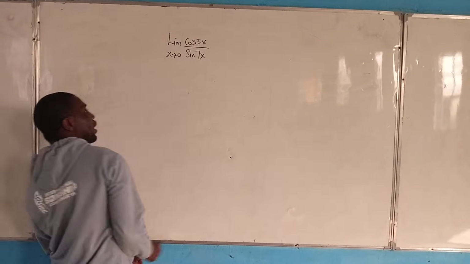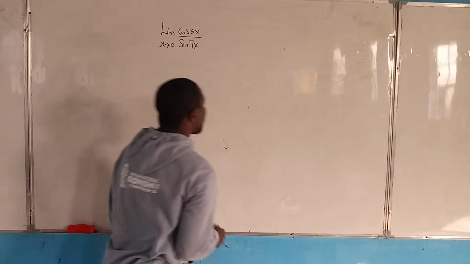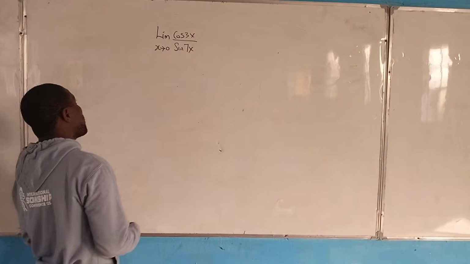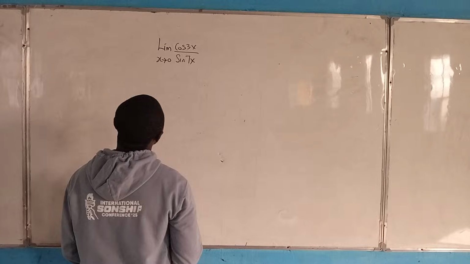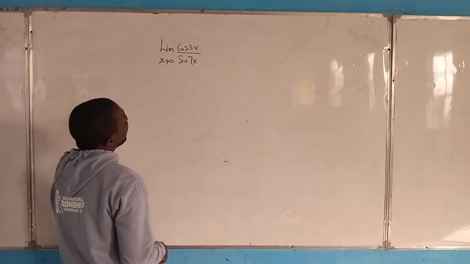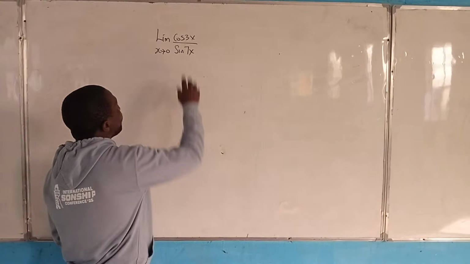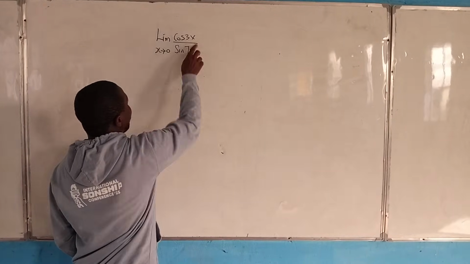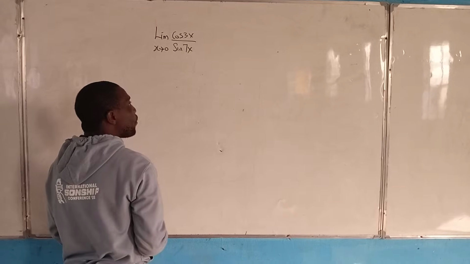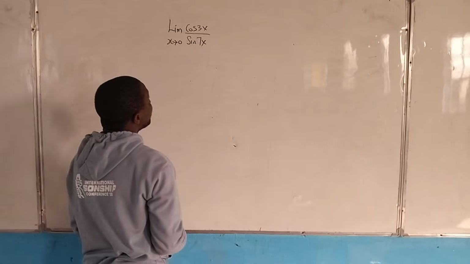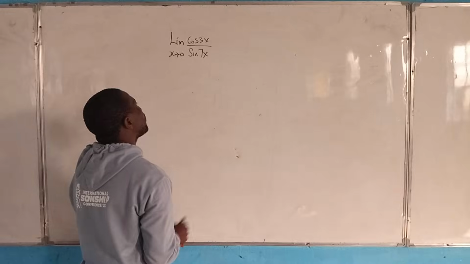And you know that any number divided by 0 makes the expression undefined. So since we don't want this expression to be undefined, we now apply L'Hopital's rule. We differentiate the top and the down to find the limit of this expression.